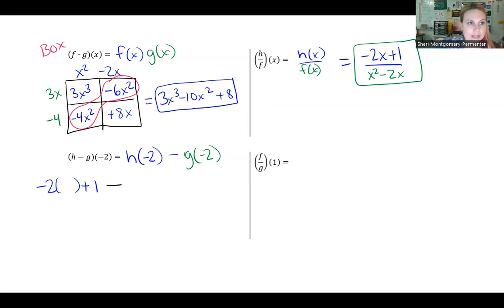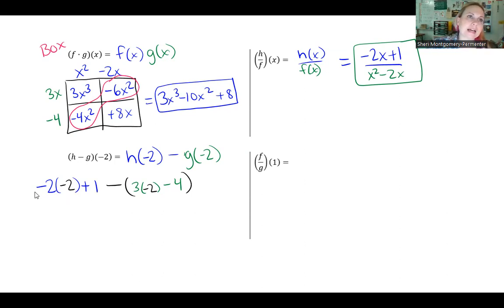And then I have minus, and then I have the g of x. G of x is 3x minus 4. So I'm going to plug in the two places where I see x. Instead of x, it's going to be negative 2. So do you see any x's anywhere in here? No, so we're going to get a number answer. It will be easy. And if you struggle with this and you mess it up, use a calculator.